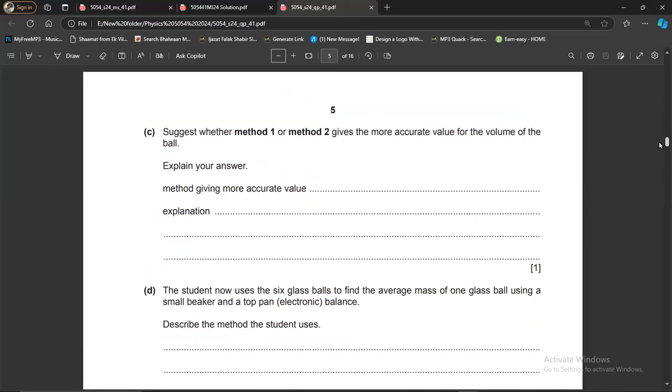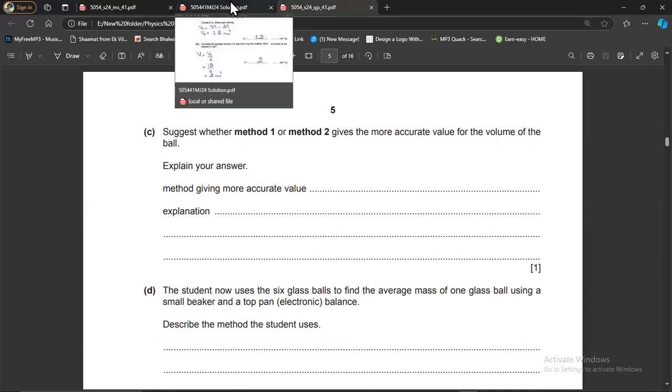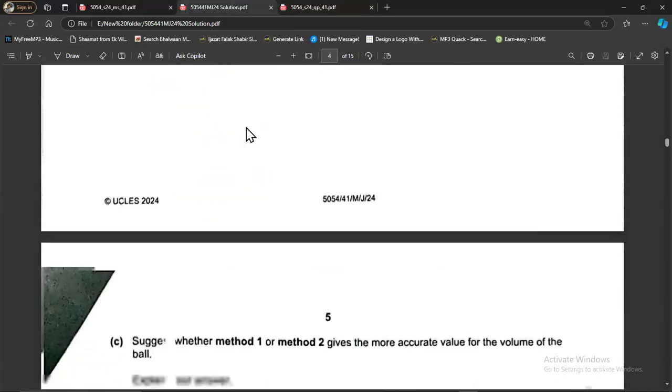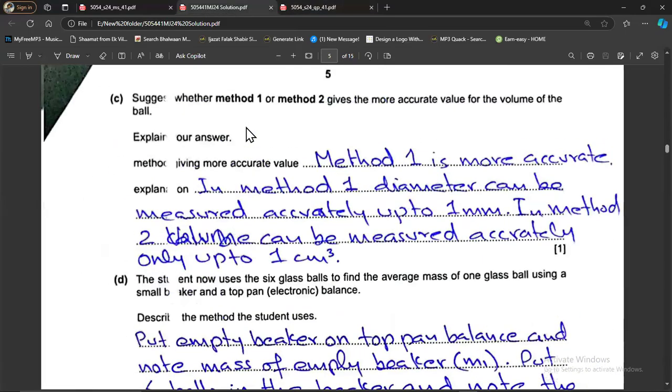Whereas in method number 1, when we measure the diameter, the diameter was measured accurate up to 1 millimeter. So 1 millimeter will be more accurate when you calculate the volume with it, because you are measuring the diameter accurate up to 1 millimeter. So this is what I think. Okay, so let me write it and show you how I wrote that answer.